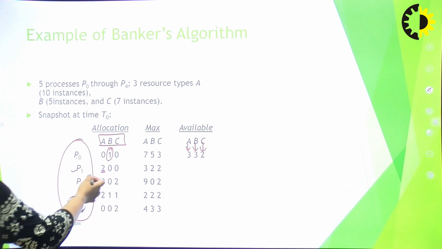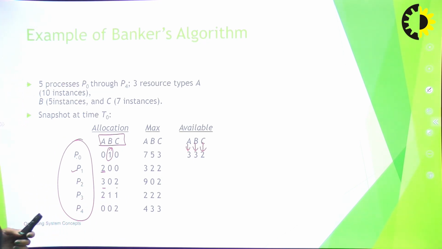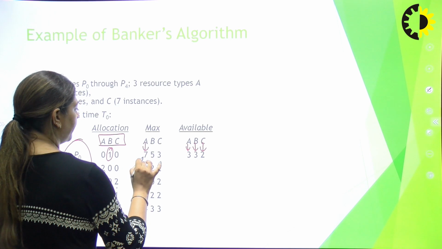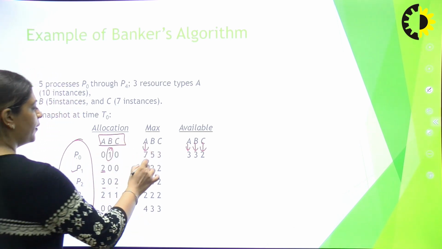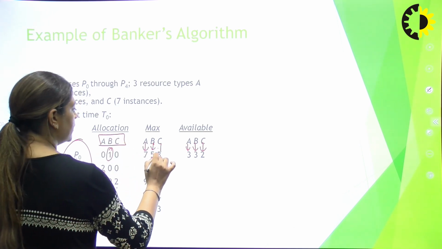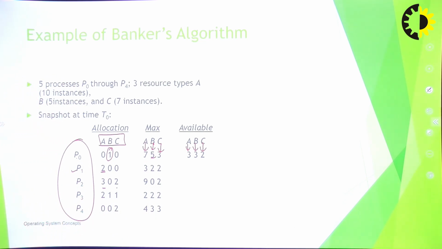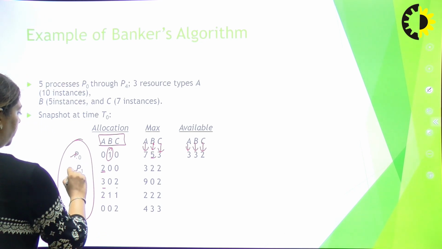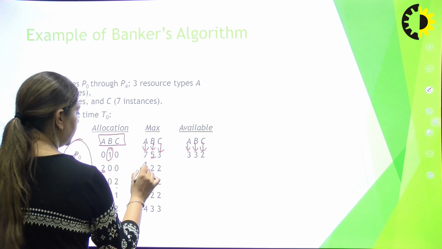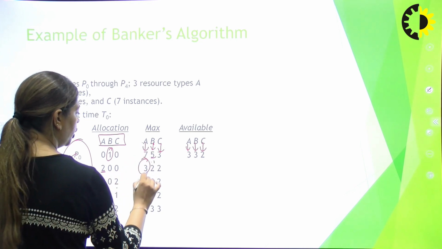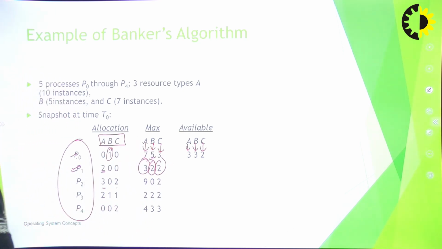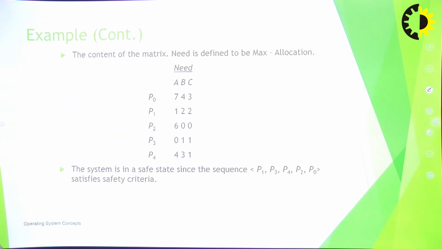Max means the total each process will request in future. P0 will request 7 instances of A, 5 of B, and 3 of C. P1 will take 3 of A, 2 of B, and 2 of C. Similarly for the other processes.